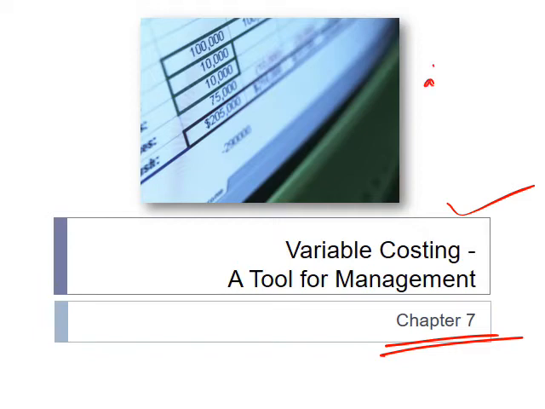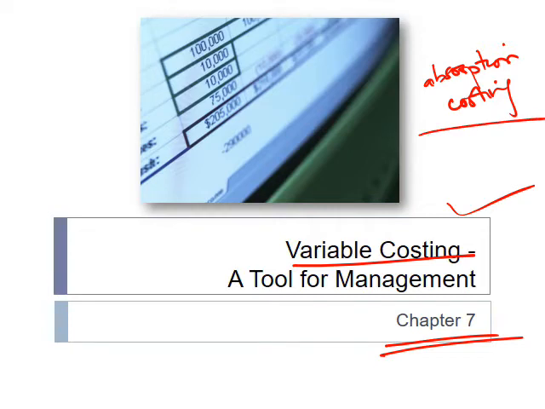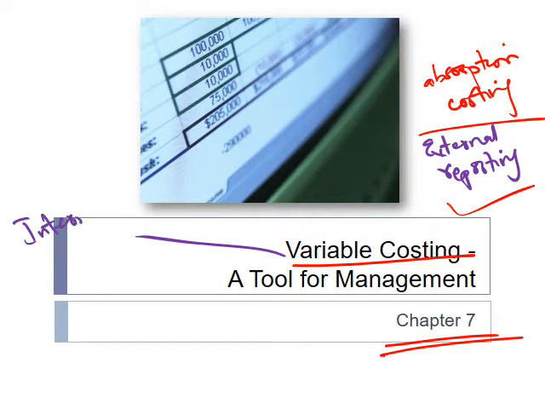So we have absorption costing and we have variable costing. Absorption costing is used for external reporting, and variable costing is used for internal reporting.